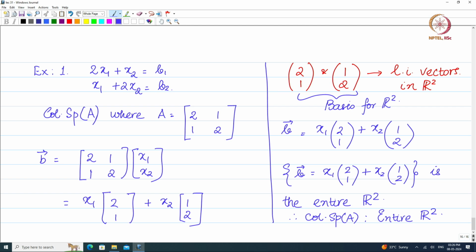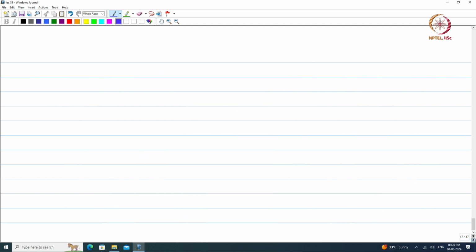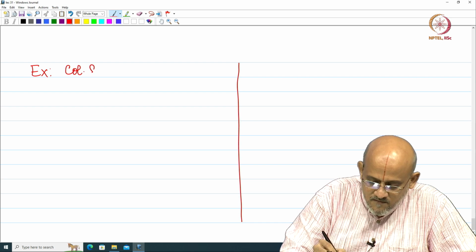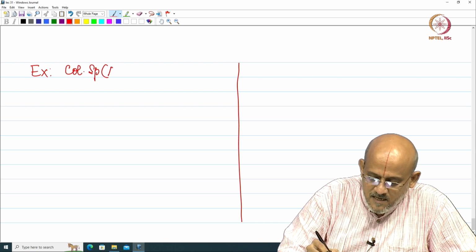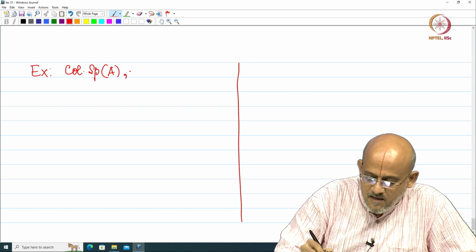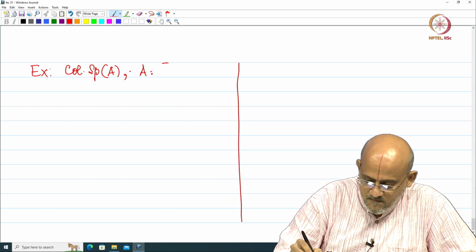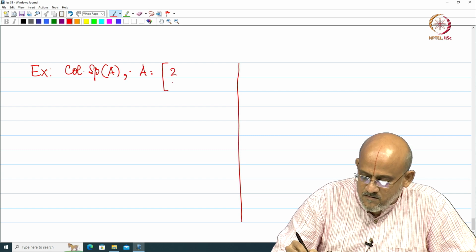Now let us take a second example, our usual second example that we had. We want to look at the column space of this matrix A, where A is equal to [[2,1],[2,1]].